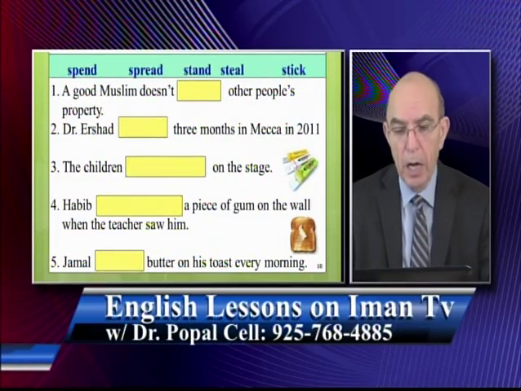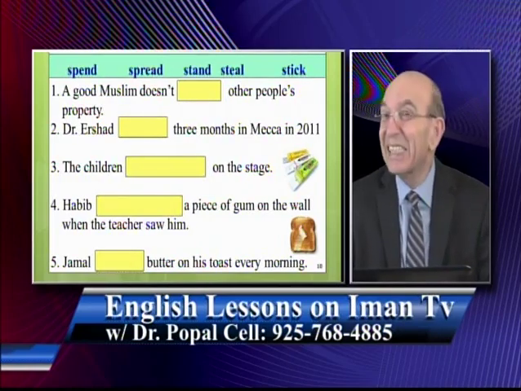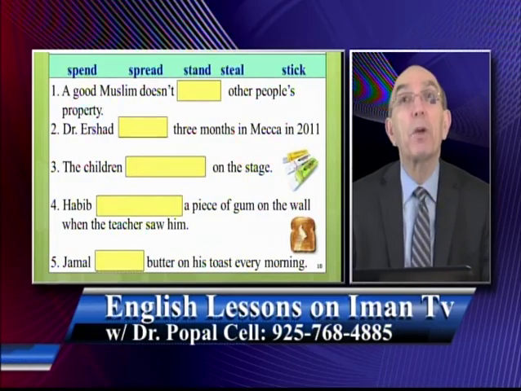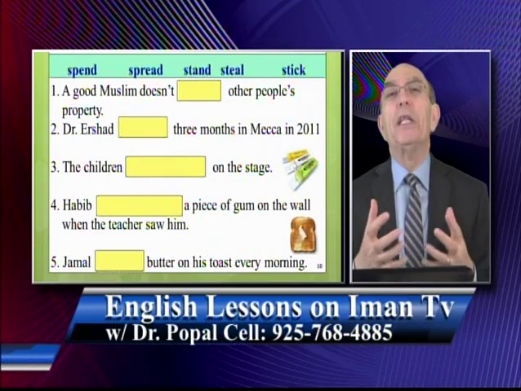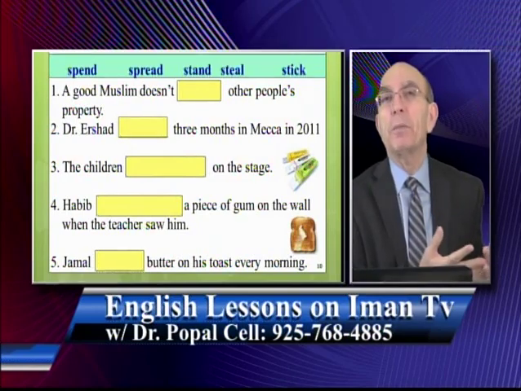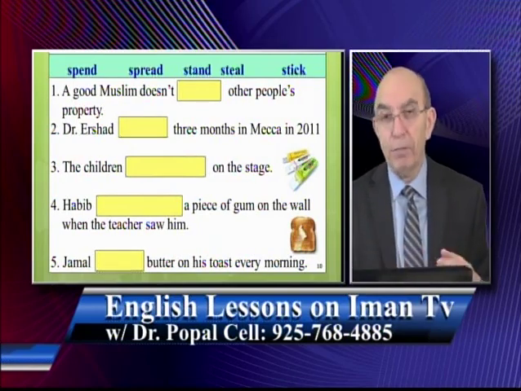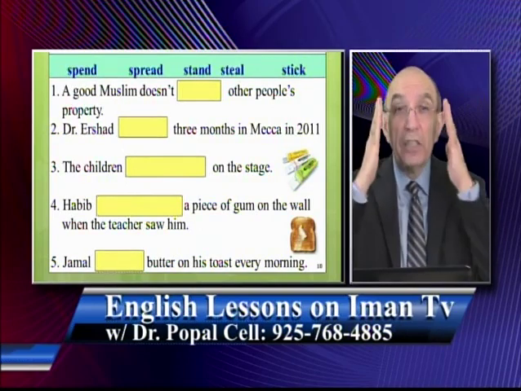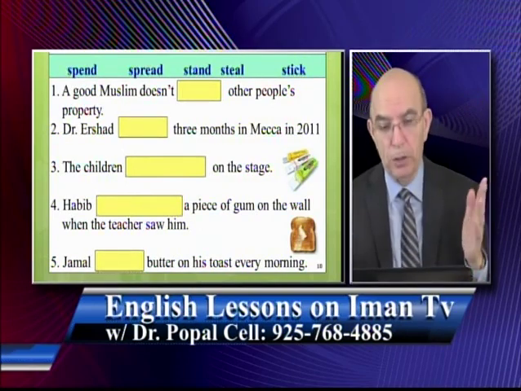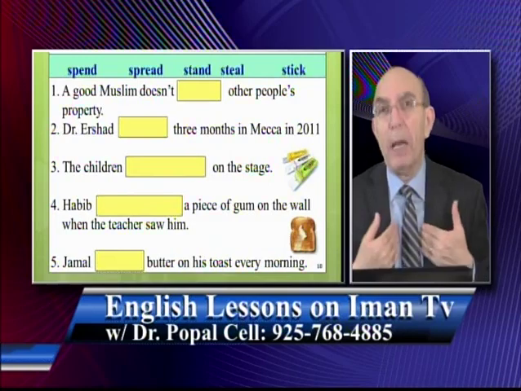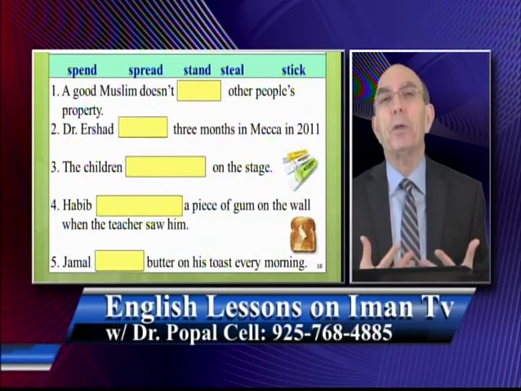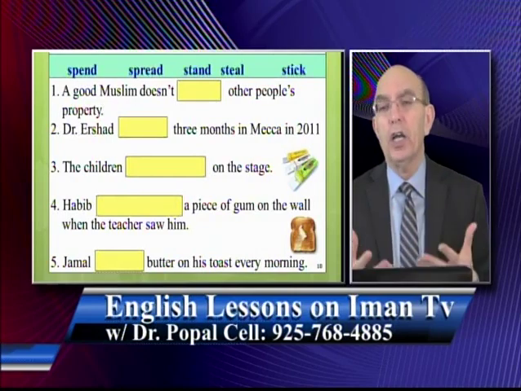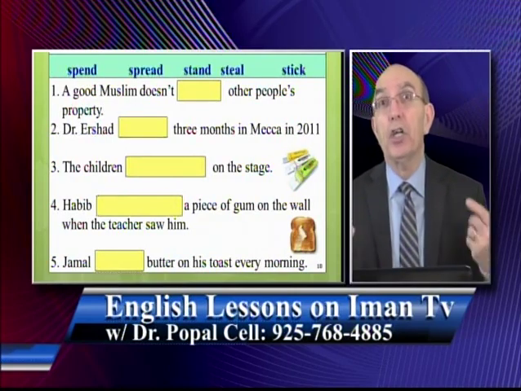Number 1, a good Muslim doesn't what? Other people's property. Which word goes with property? Property means what? Something that belongs to other people. Like if I have these glasses, for example, this is my property. This laptop is my property. It belongs to me. So anything belongs to you, that's your property. Your house, your car, things are your property, not people.